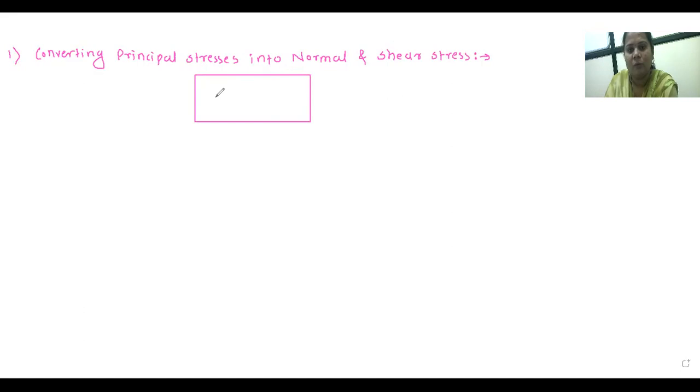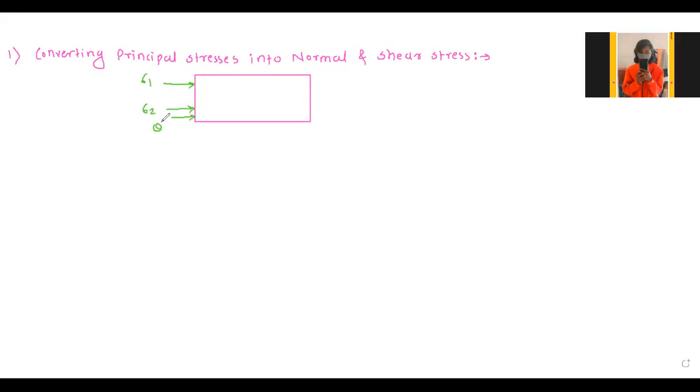First we will write down what is given and what we have to find out. Sigma 1 is given, sigma 2 is given, and theta is given. From that we have to find out the normal stress and sigma t, or tau.